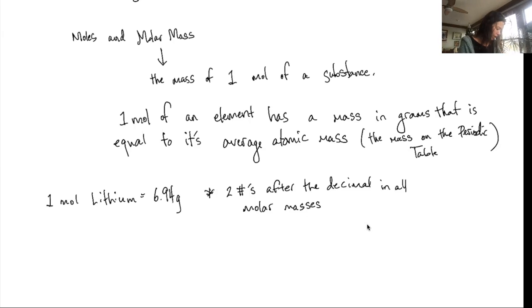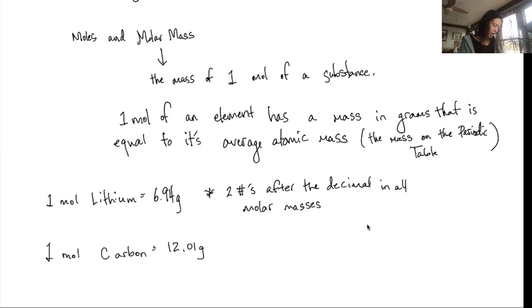All right, let's do it again. What does 1 mole of carbon weigh? Well, look on your periodic table, find carbon, atomic number 6. What does it weigh? It weighs 12.01 grams, 2 numbers after the decimal.